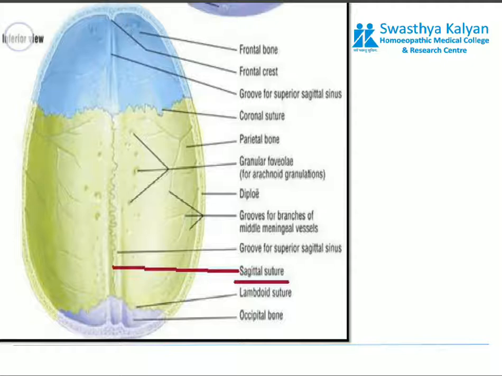In this, this is the skull vault, the skull cap, and you can see here the lips on which the upper margin of the falx cerebri is attached.